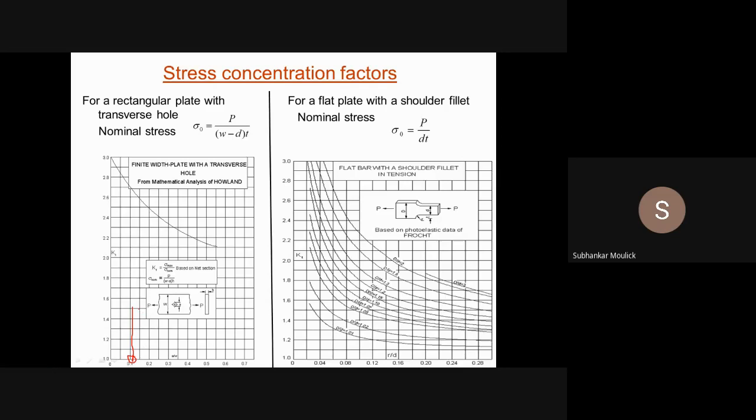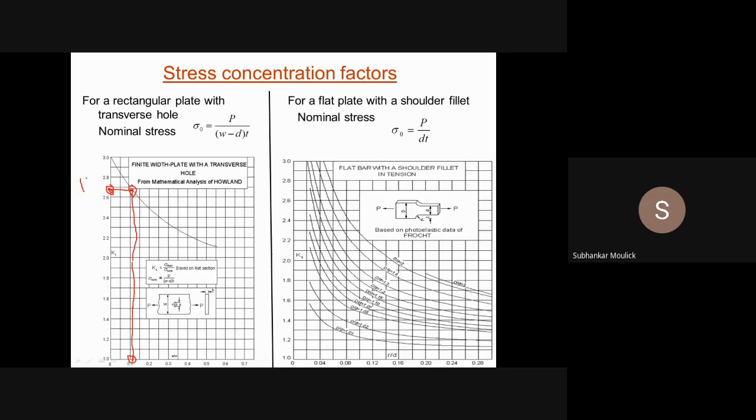Then you will get the exact value. So this is your point. This is the intersecting point of A by W equal to 0.12 and this particular graph. So from this point, I have to go in the negative x direction till the positive y axis. So this particular value is what?